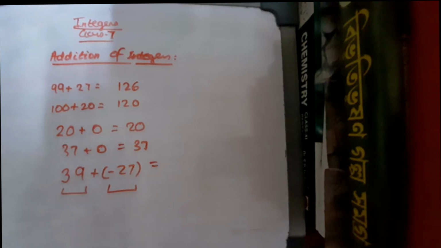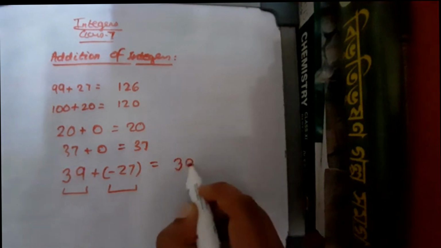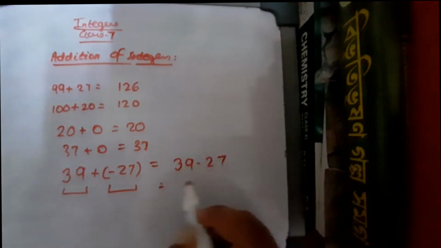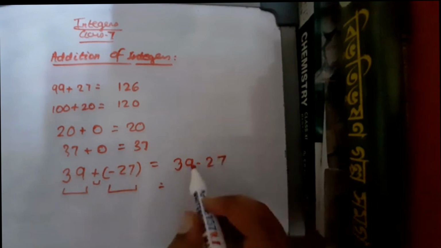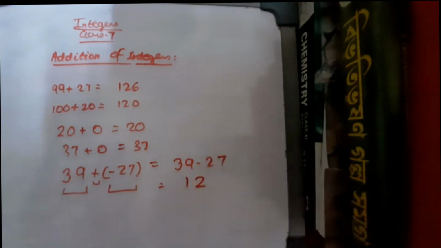What will you do? You will just have to subtract these two. You have to forget that there was the plus sign in between, and you have to say that the negative sign will persist over here. So 3 minus 2 is 1.